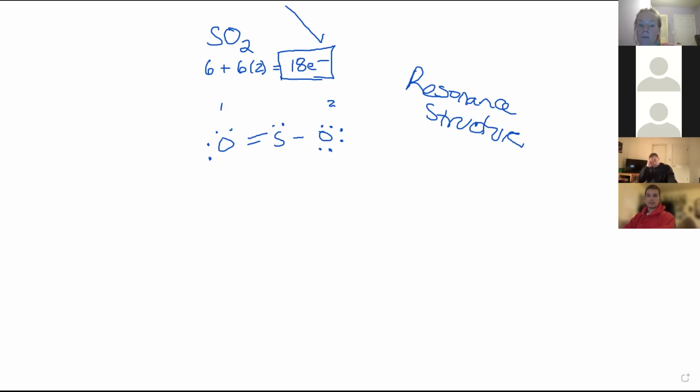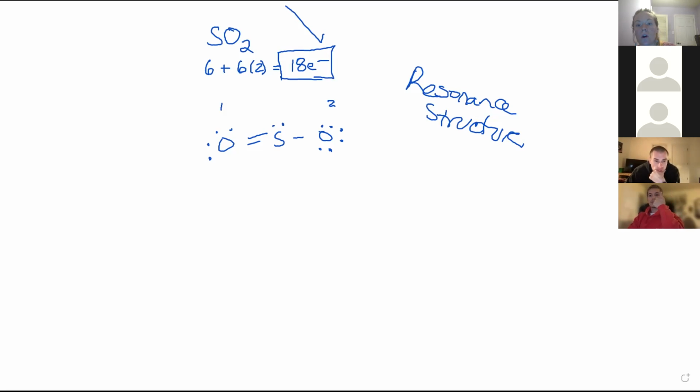Sometimes they're drawn where they will make each one, and they'll put a set of arrows between saying, hey, that double bond is kind of oscillating or it's intermittent. So if you ever get to a point in your structures where you need to make a double bond, you don't want to make a double bond on everything, you just need to pick one of them and make a double bond, you've hit what's known as a resonance structure.